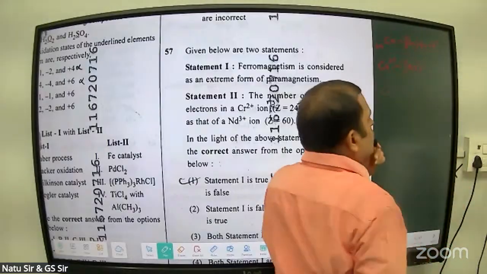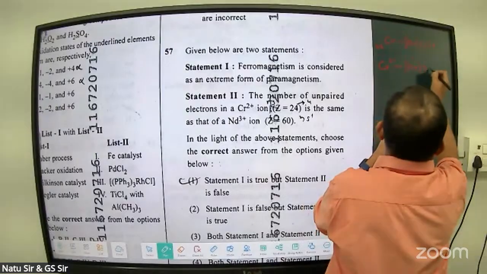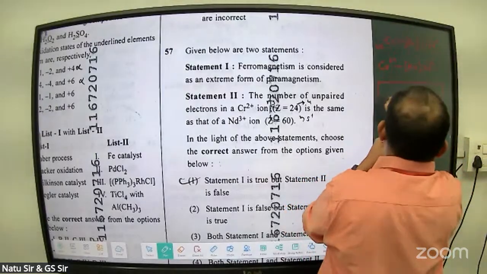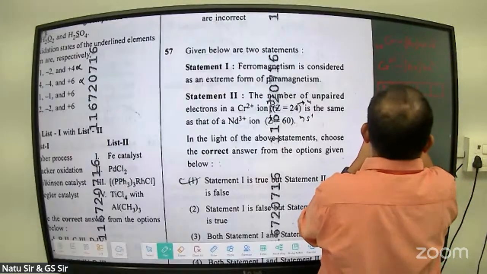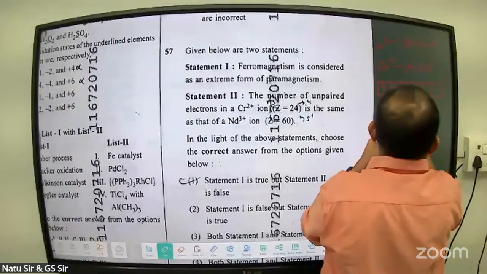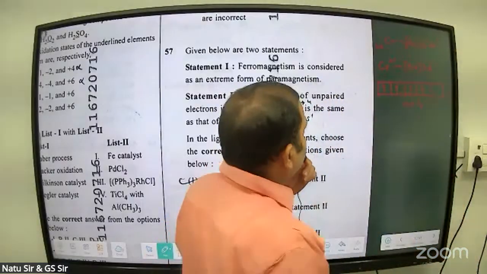Argon, first one electron will go from 4s1 and one more from 3d, it will become 3d4. And if you draw this 3d4, then 1, 2, 3, and 4. That means a total of 4 unpaired electrons are present, right?